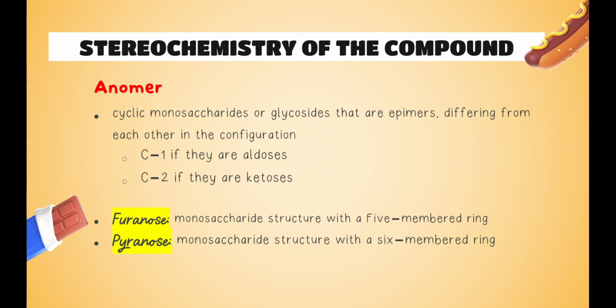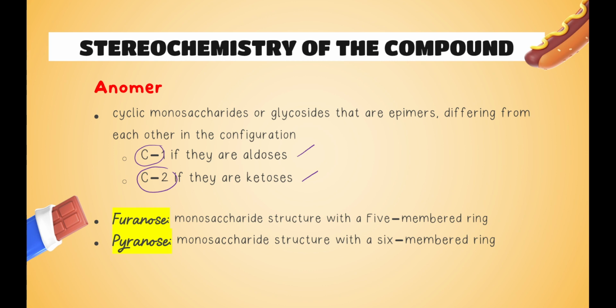The rest of the stereochemistry, from isomer to epimer and enantiomer, use the Fischer projection, but this time for anomer, we need to look at the Haworth projection or cyclic structure. Anomers are cyclic monosaccharides or glycosides that are epimers, differing from each other in configuration. If our compound is an aldose, we need to look at the first carbon. If it is a ketose, we need to look at the second carbon. I will explain this further regarding C1, C2.